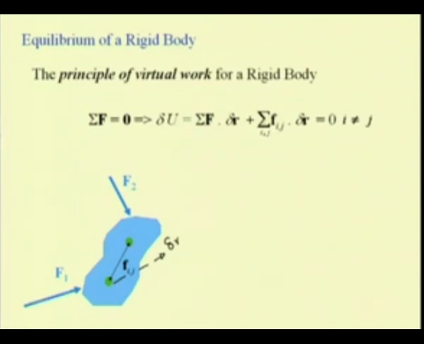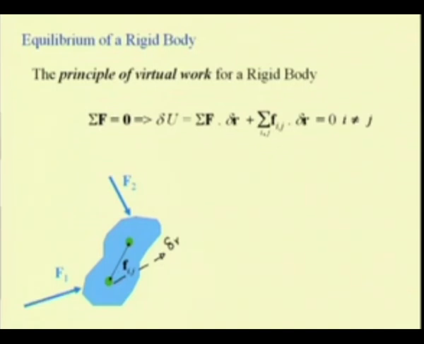And now, let us sum up the work done by all these internal forces. So, we have sigma over i, j of Fij dot delta r equal to 0, where i is not equal to j. That means this term accounts for the virtual work done by all the internal forces.